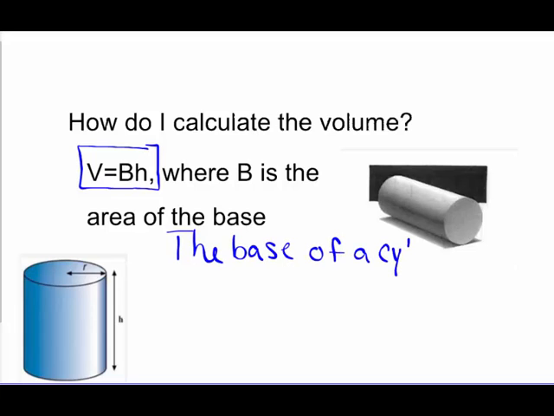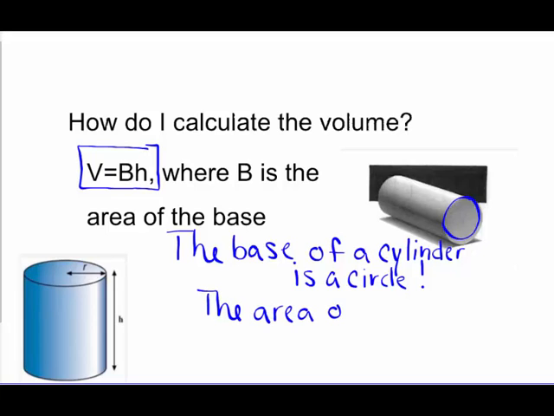In our previous lesson, we learned how to calculate the area of a circle. So we will use the formula for the area of a circle and multiply that by the height. Remember, the formula for the area of a circle is pi r squared.